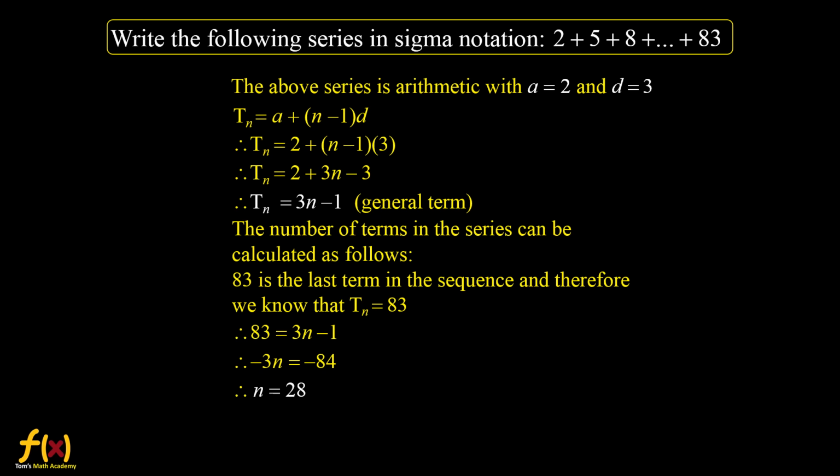So there are 28 terms. Now we write the sum of the series equal to sigma n equal to 1 to 28 of 3n minus 1, the general term. That's the method, good people.